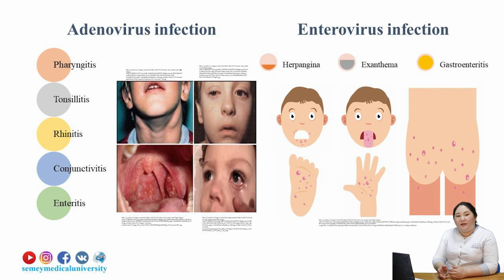So with a lot of causative agents, there are a lot of manifestations like herpetic angina, hand-foot-mouth disease, rashes on the feet, the palms and all over the body, plus abdominal pain as a result of mesoadenitis, inflammation of mesenteric lymph nodes, and gastroenteritis can be one of the signs of enteroviral diarrhea.